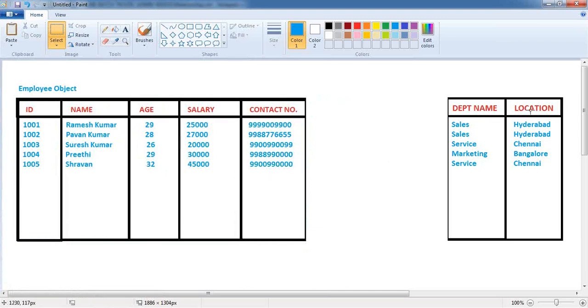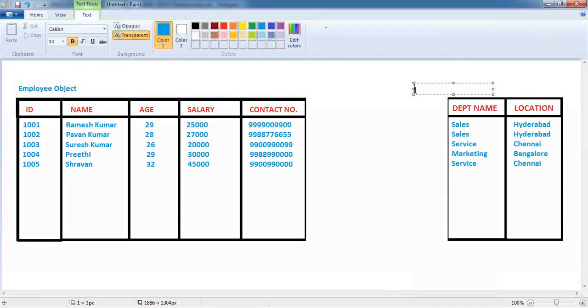For this table I am giving the name department. Assume that this is a department object, which is holding all the departments' information inside this object.